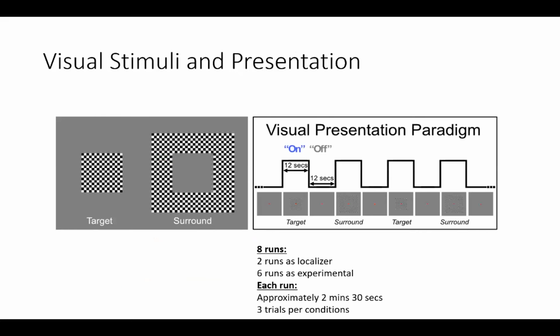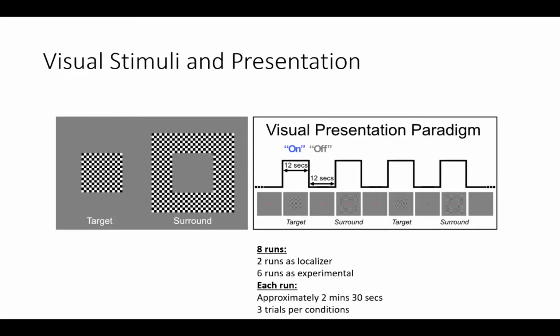So to validate NORDIC and understand the impact of NORDIC on functional maps, we turn to the retinotopic properties of V1, which provide the ground truth as to the spatial extent of activation elicited by visual stimuli. This is the paradigm that we used: simple flickering gratings, counterphasing at 6 Hz, a target condition and a surround condition, in a very standard 12-second on-off block design, where we had 3 repetitions of each condition within each run.